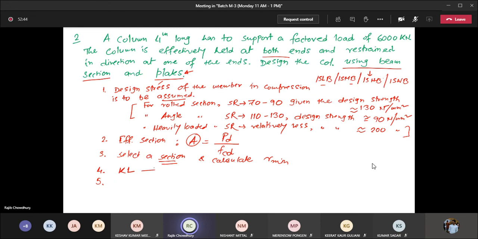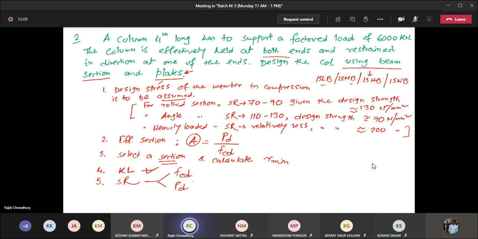You calculate the slenderness ratio again, and from it you calculate the FCD value again, and thereby the design force.